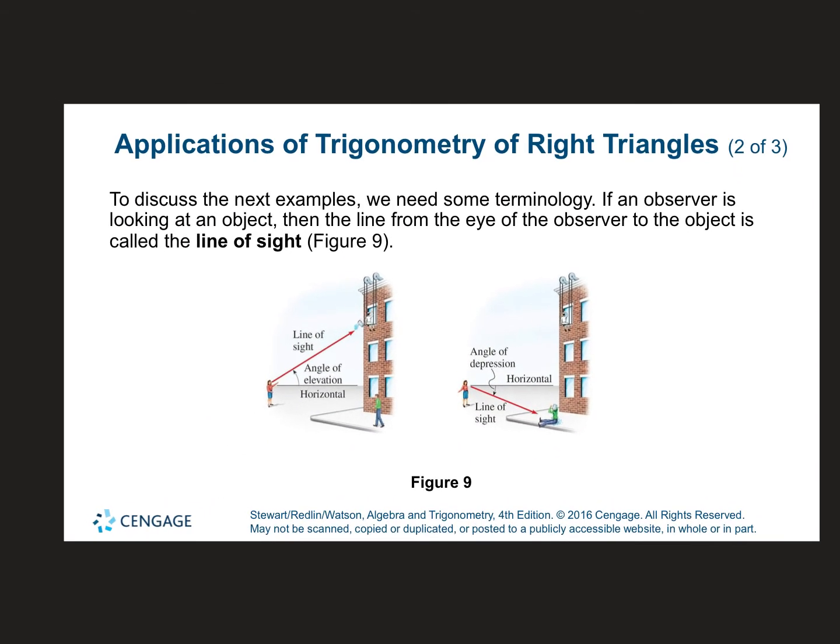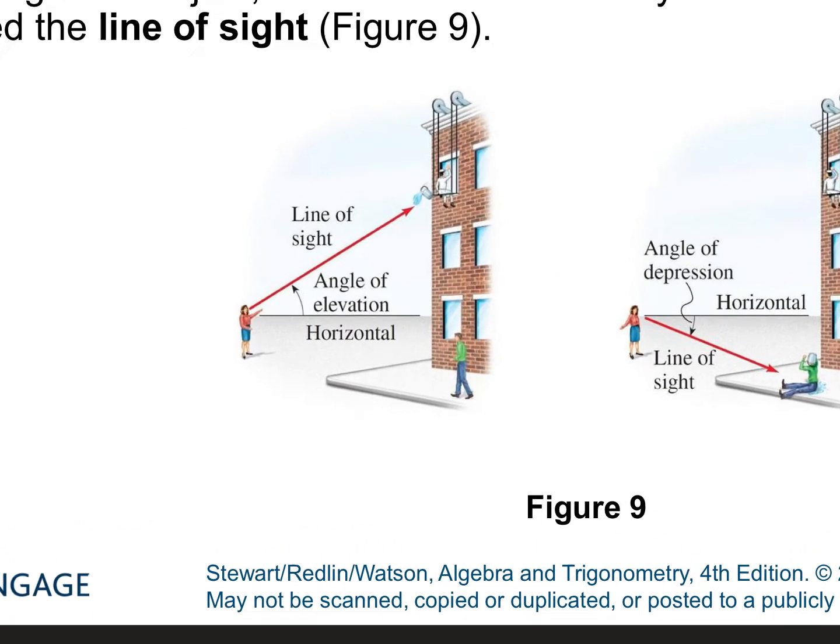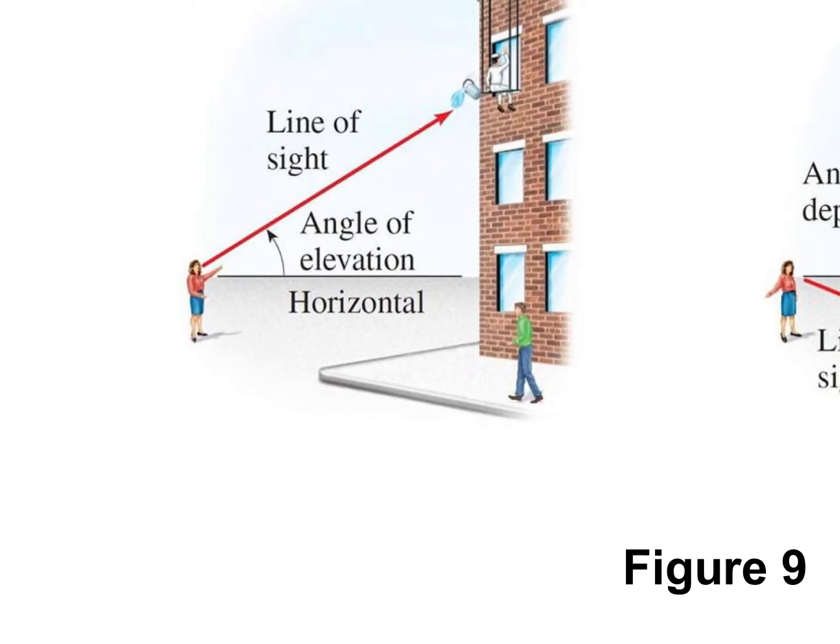When we talk about the line of sight, guys, your line of sight is when you're standing and you look straight ahead. It's like that invisible line that is formed. So if someone is standing, the horizontal is like where you're looking. If you are looking upwards, you're creating an angle of elevation. If you tilt your head up, then your eyes have created an angle of elevation.